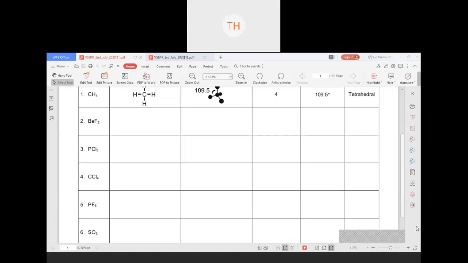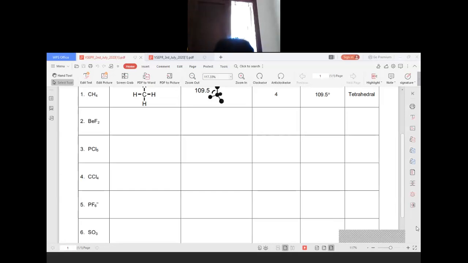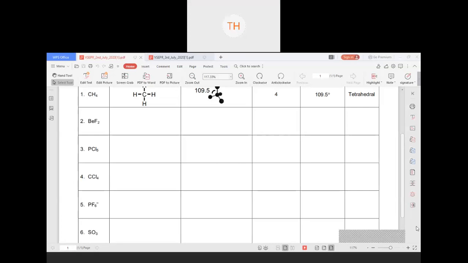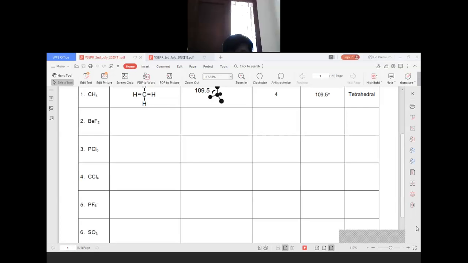The angle, teacher, like the angle. Yeah. What is the bond angle? 120 degrees. Yeah. And then the shape of the molecule? Trigonal planar. Yeah, correct. So you could answer everything well.